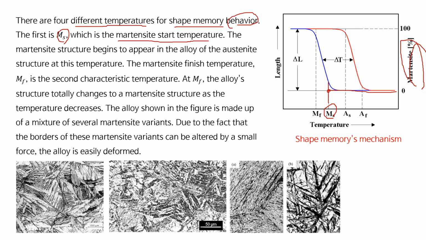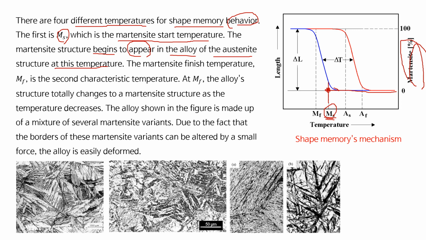The martensite structure begins to appear in the alloy of austenite structure at this temperature, so we call it the martensite start temperature.